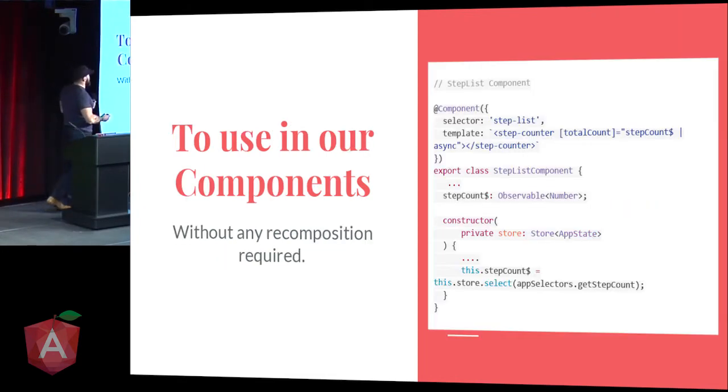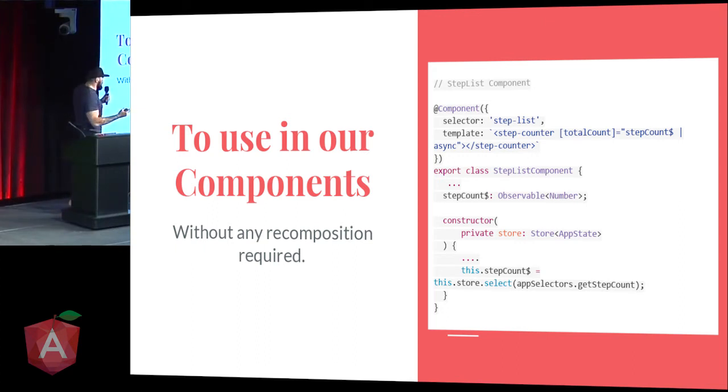And then we take the result of the selectors, and we use it directly in our components. This is very powerful, because you can create your selectors within your store or in another file if you wanted to, and keep it outside of your components. You don't have to do all this complex calculation.